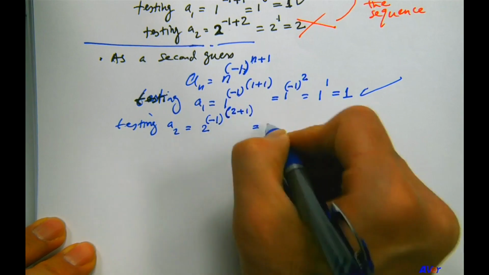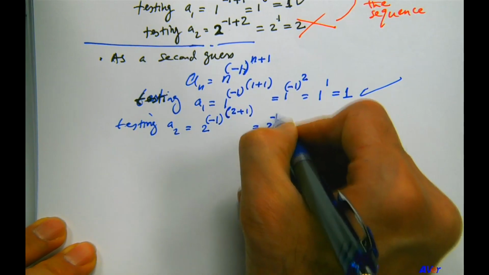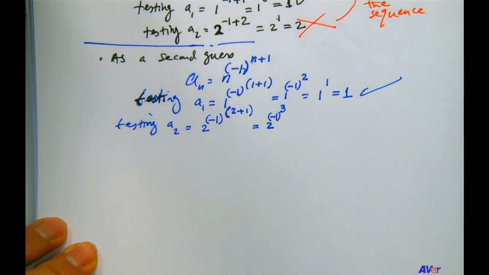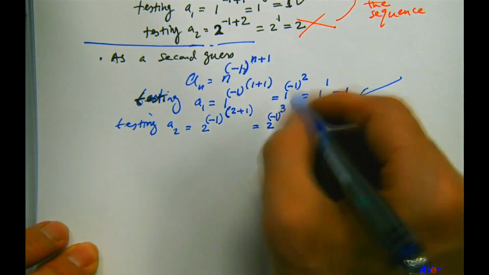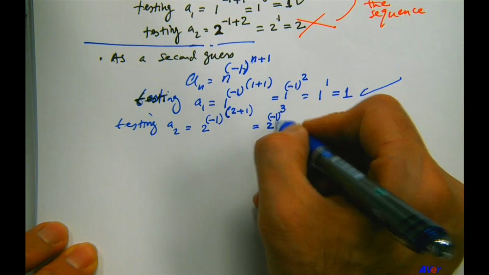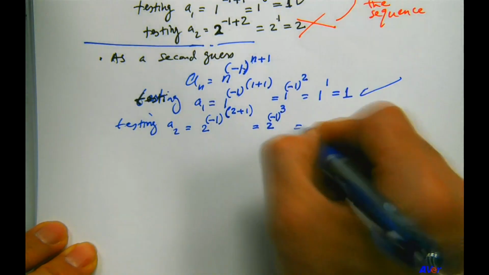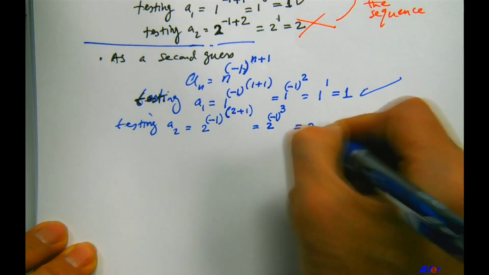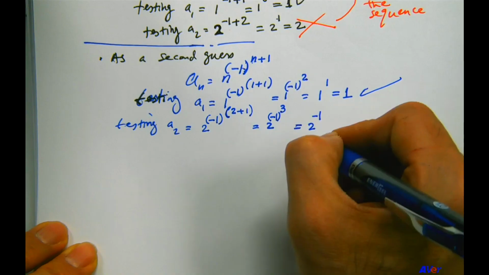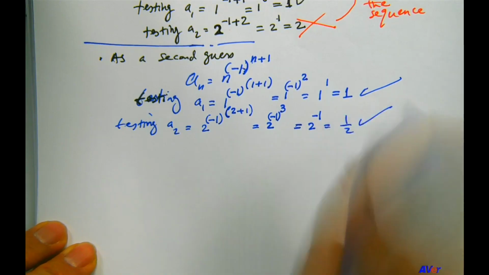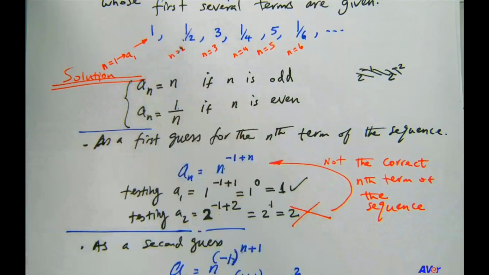What are we going to get? We're going to get 2 to minus 1 power to third power. Okay? Now 3 is odd, so this negative 1 is preserved. So we're going to get 2 to negative 1 power, which is 1/2. So it checks out. We got the 1/2.